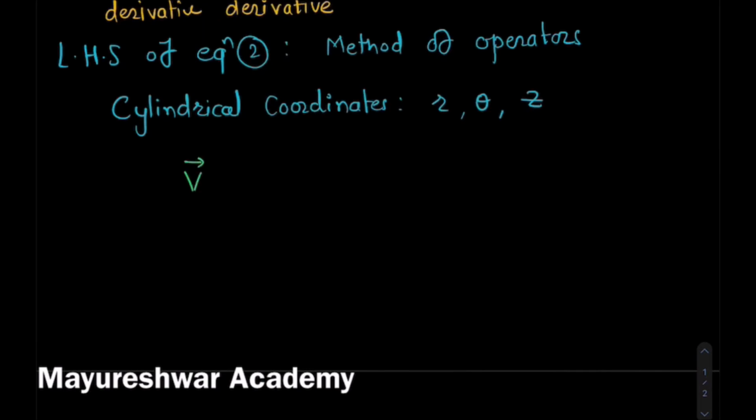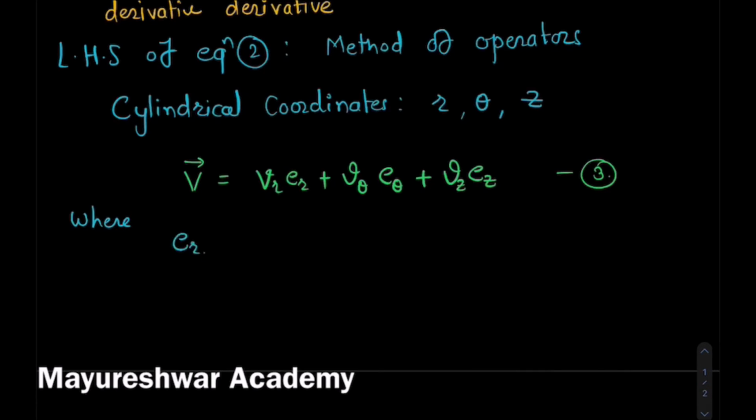We already introduced this definition of velocity: V bar is equal to vr er plus v theta e theta plus vz ez. Let us call this equation 3, where er, e theta, and ez are unit vectors along the r, theta, and z directions respectively.